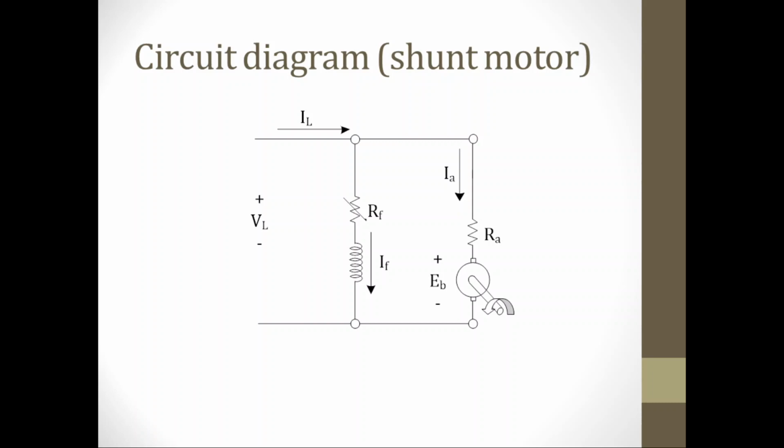If the field winding is connected in parallel with respect to the armature, then the DC motor is termed a shunt motor. But if the field is connected in series, then it will be termed a series motor. On the other hand, if there is a combination of the shunt field and the series field, then the motor is termed a compound motor.